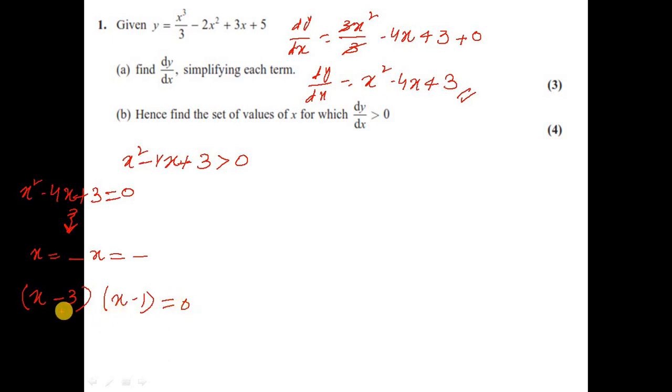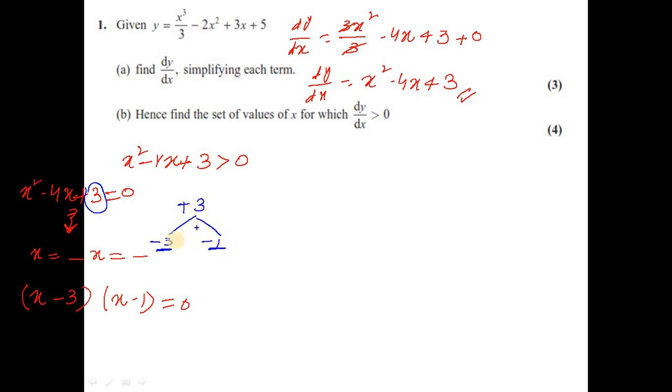How did I do that? The idea is you need to look at the constant term, which is plus 3, and you need to make factors of plus 3. If you add these factors to get minus 4, clearly it is minus 3 and minus 1.